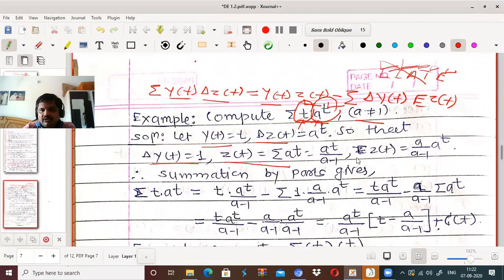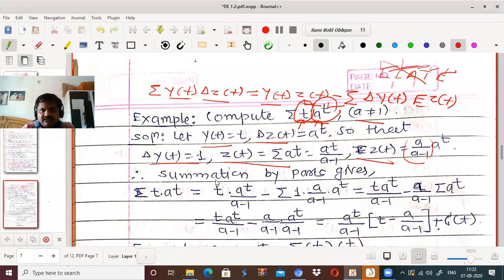Moreover, we want to obtain EZT also. So if zt is a to the power t upon a minus 1, then EZT becomes a upon a to the power t plus 1 upon a minus 1, that means a upon a minus 1 into a to the power t.